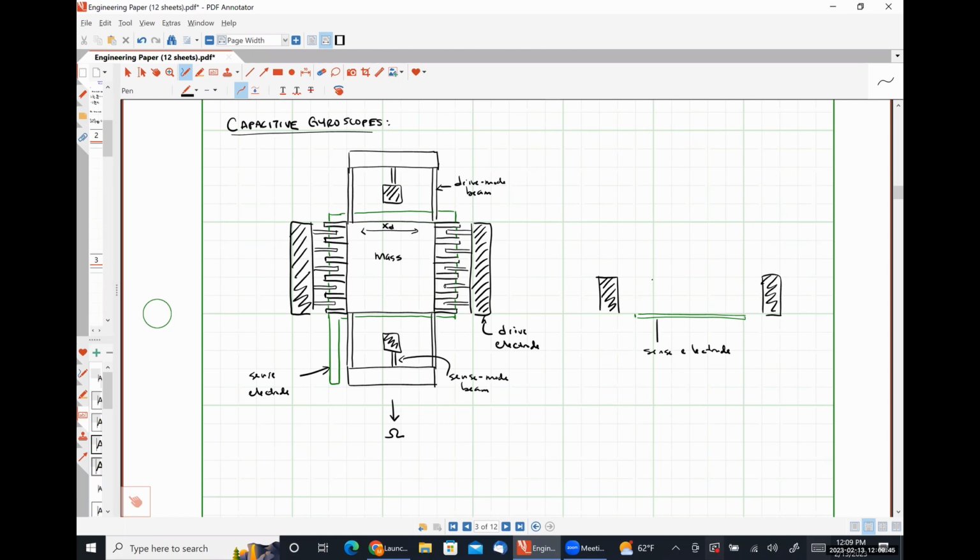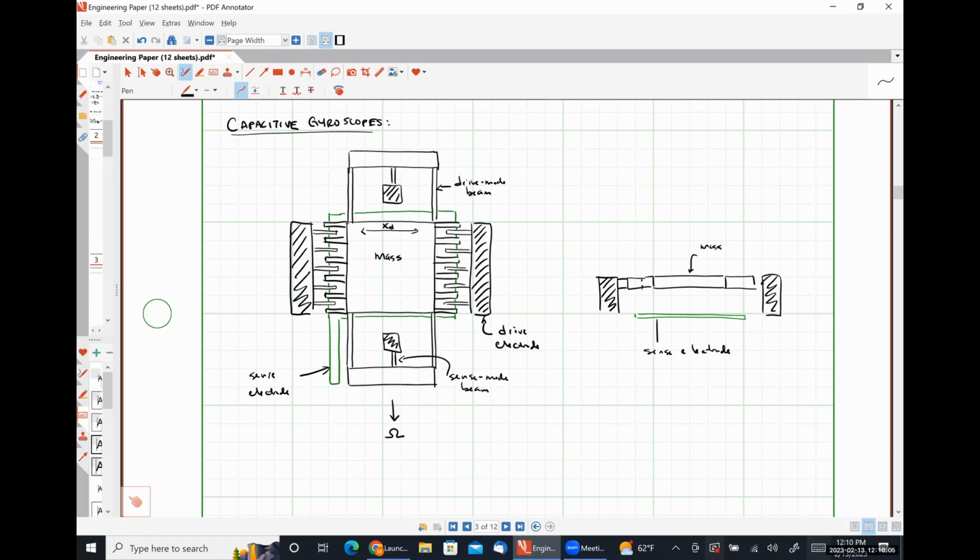Here in the middle, this is our plate. And then there are fingers that are sticking off of the plate, like so.